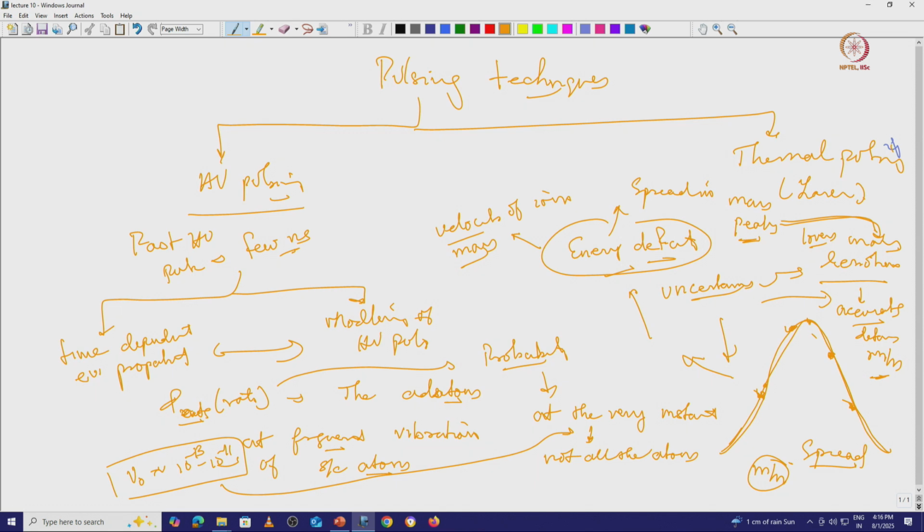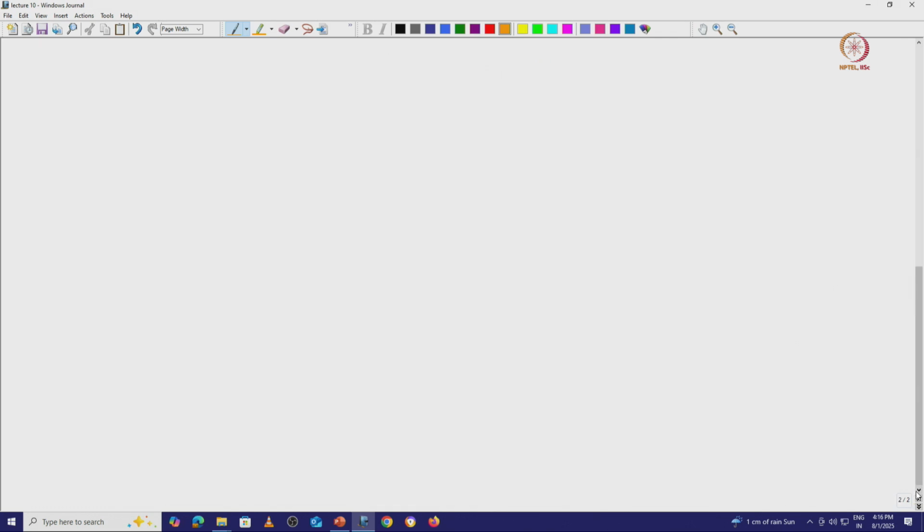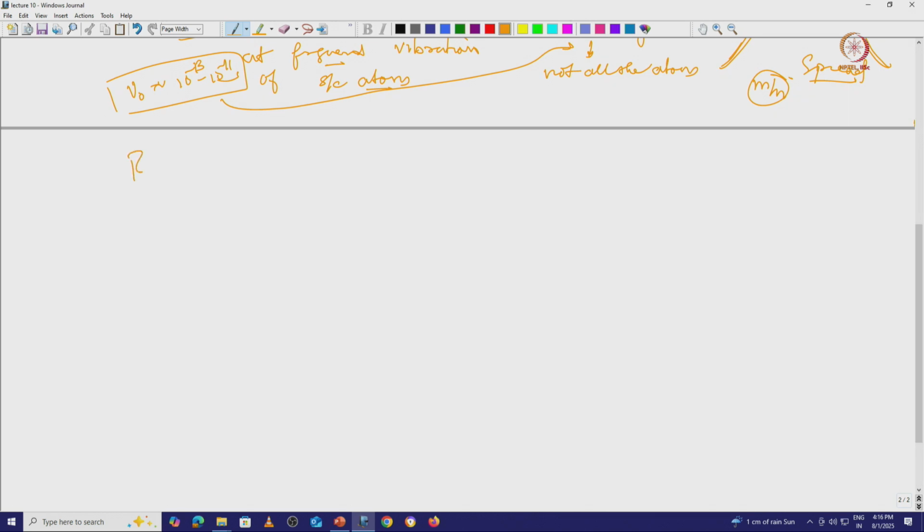For HV pulsing to induce field evaporation, the specimen should be electrically conductive.